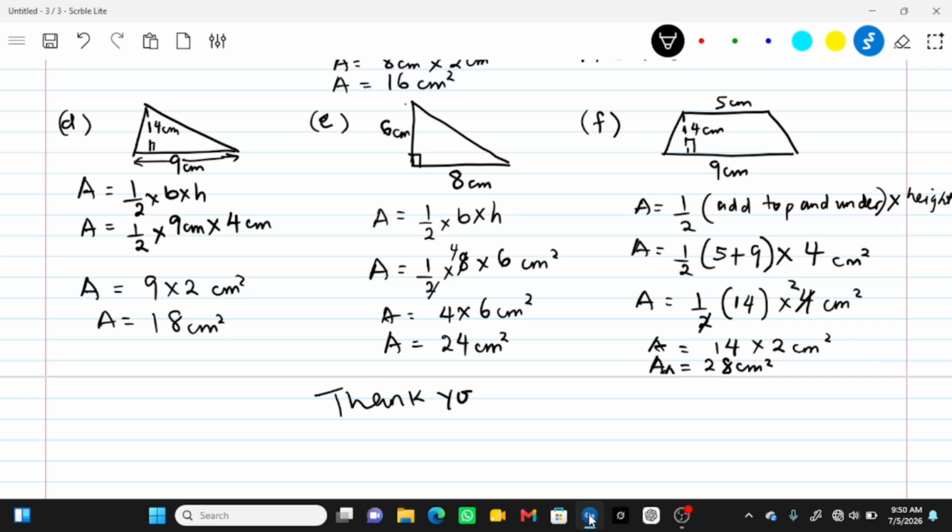Alright, now mind you, you can also be given the area and asked to find any of the sides. For example, if I give you this and tell you that the area is 54, and tell you that the base is 6 centimeters, and I ask what is the vertical height?